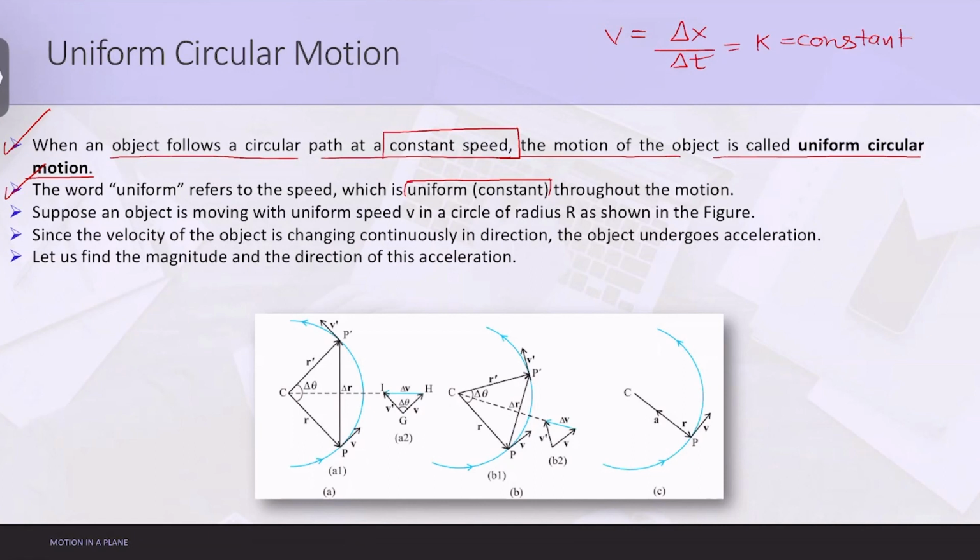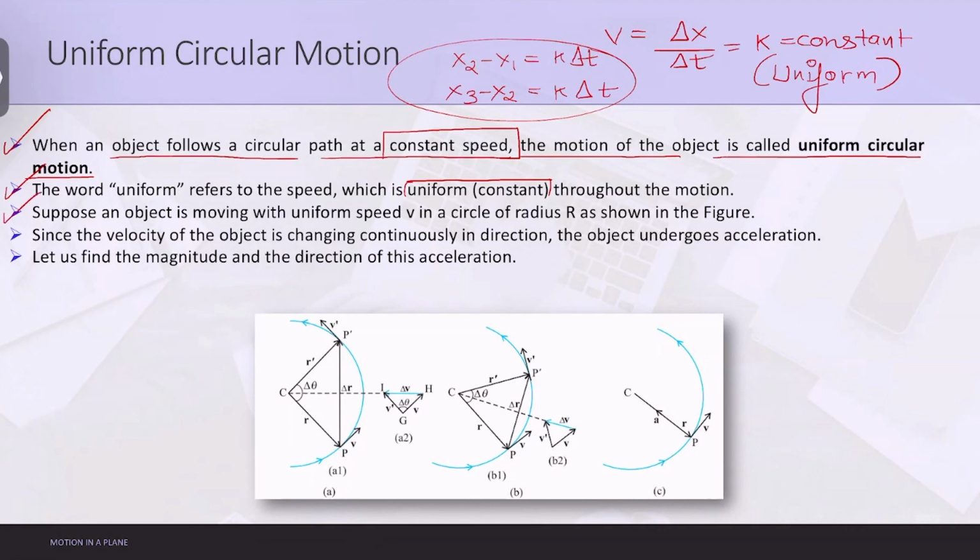So delta x is always constant for a given delta t, and hence it is called uniform. Let's say x2 minus x1 is equal to k times delta t, and similarly x3 minus x2 will also be equal to k times delta t. Hence you can say that it is uniform, or that the displacement is constant as long as the time interval is constant.